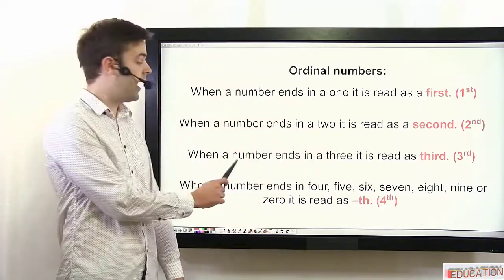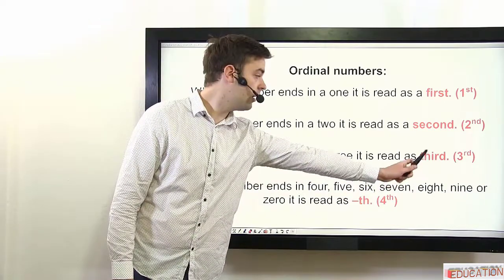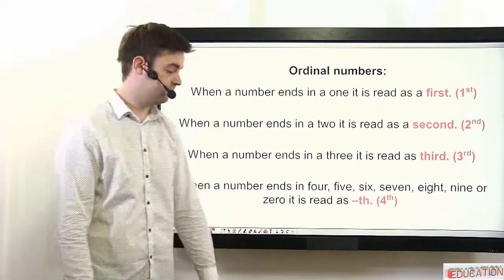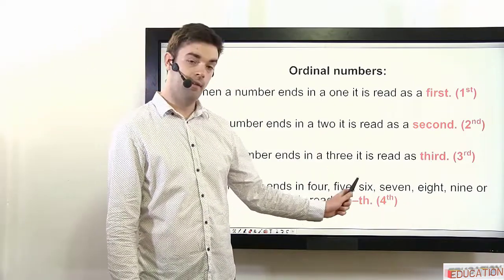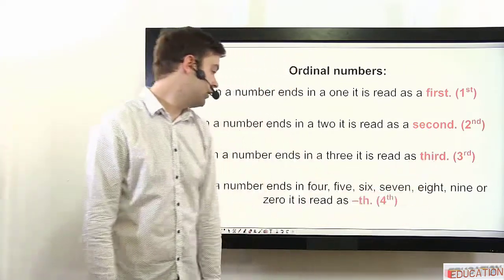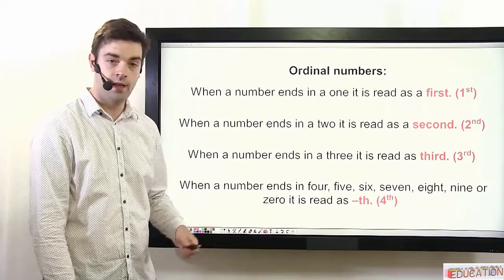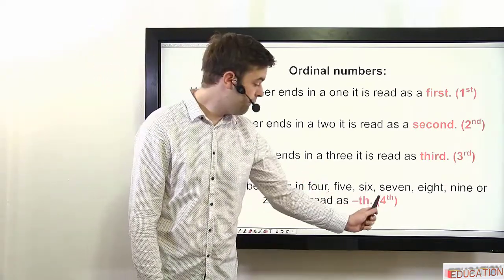When a number ends in a 3, it is read as third. And when a number ends in a 4, 5, 6, 7, 8, 9, or 0, it is read as th. So, for example, fourth.